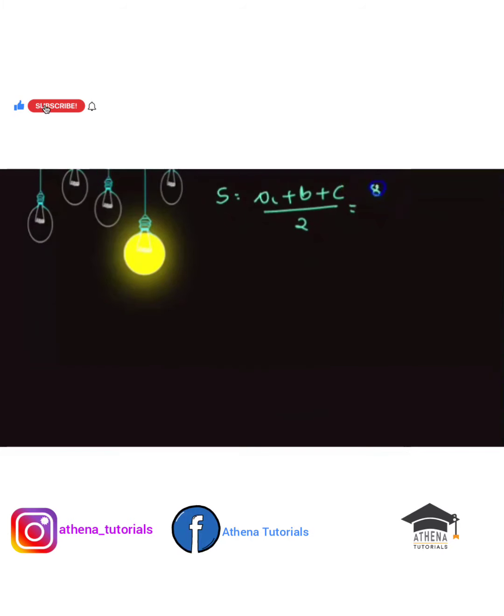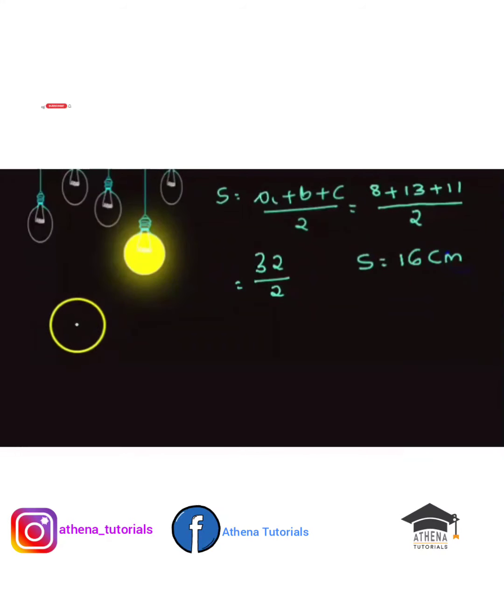So 8 plus 13 plus 11 divided by 2. So it will be 32 divided by 2. Hence the value of S is equal to 16 cm.